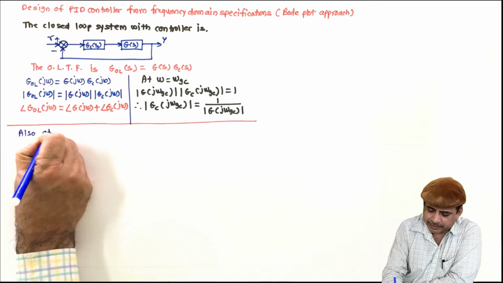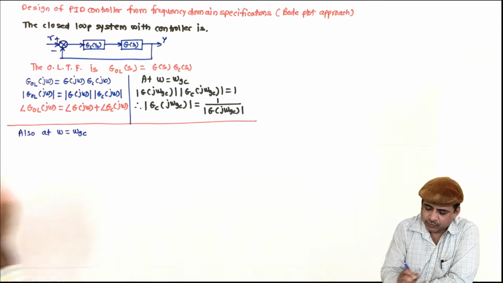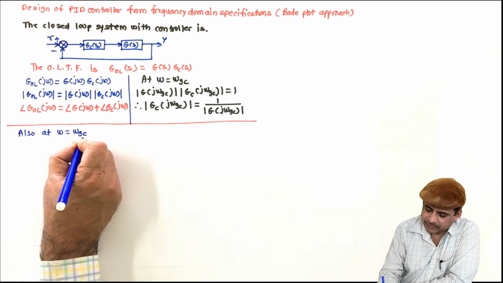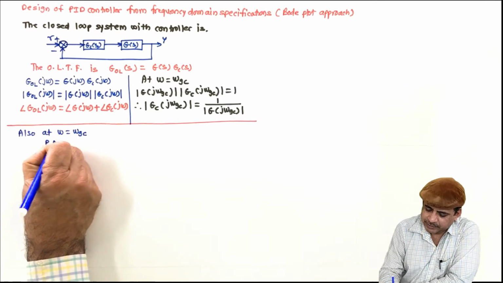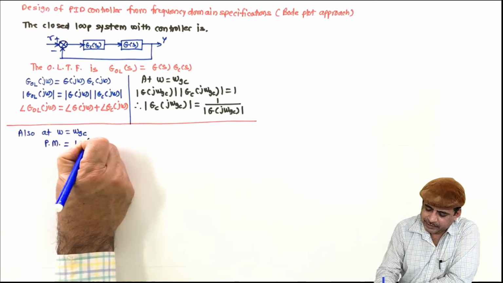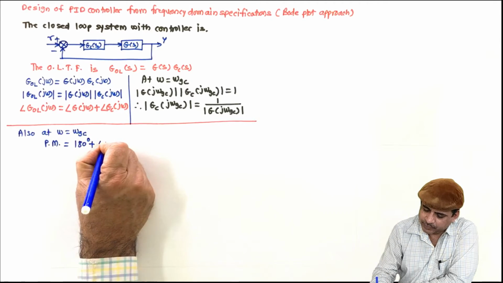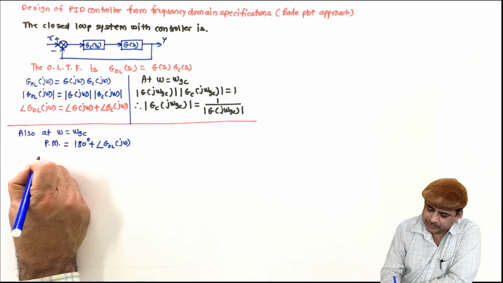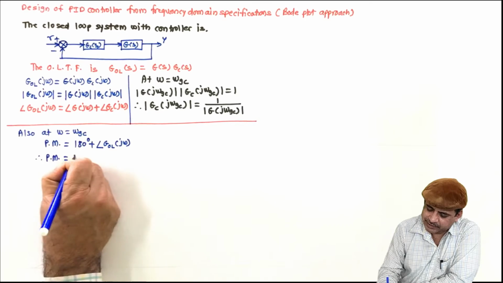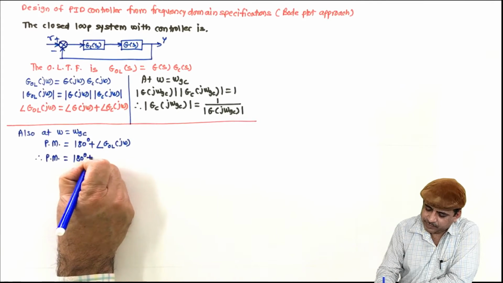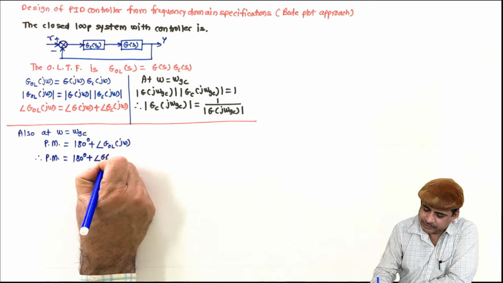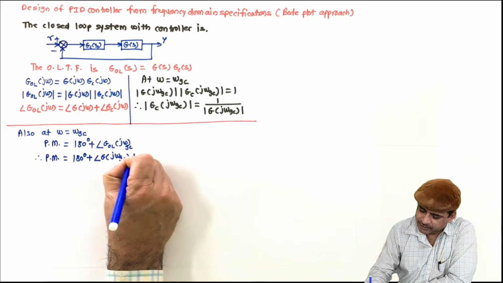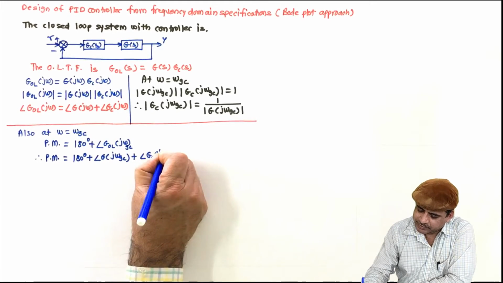Then also at omega equal to omega GC, what do we have? The phase margin is equal to 180 degree plus angle of this GOL of j omega, and that is what I get. Phase margin can be represented as 180 degree plus angle of G of j omega GC plus angle of GC of j omega GC.